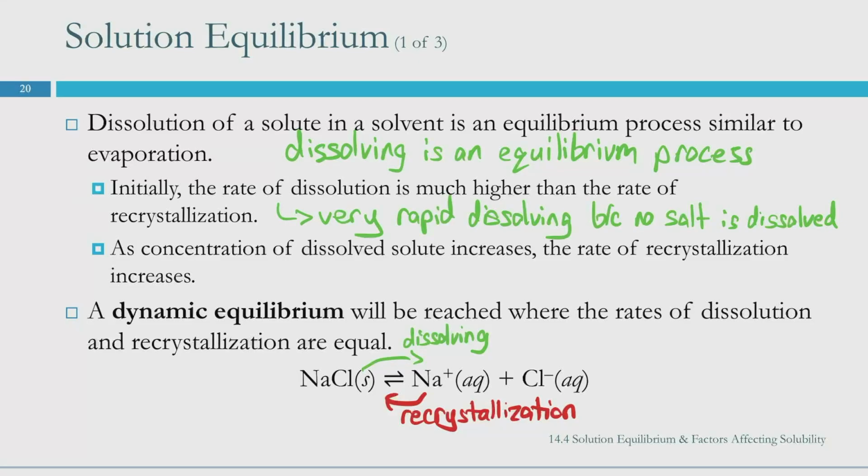And when we're at dynamic equilibrium, these rates are the same. So we've got things dissolving, we've got things recrystallizing. The rates that those happen are the same, and so we don't notice any change in our amounts.